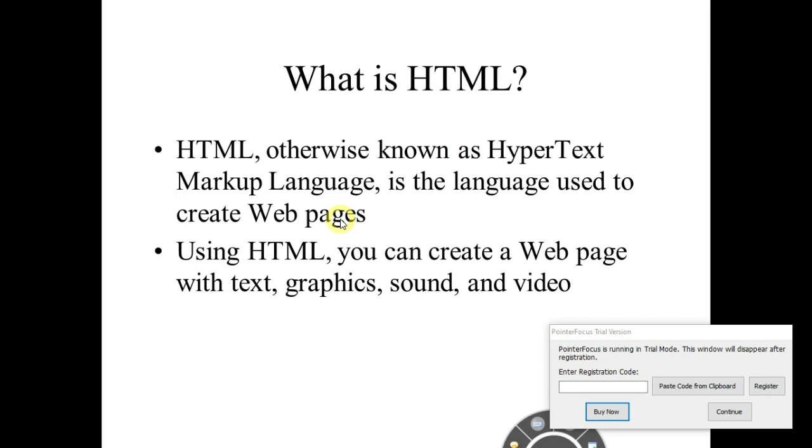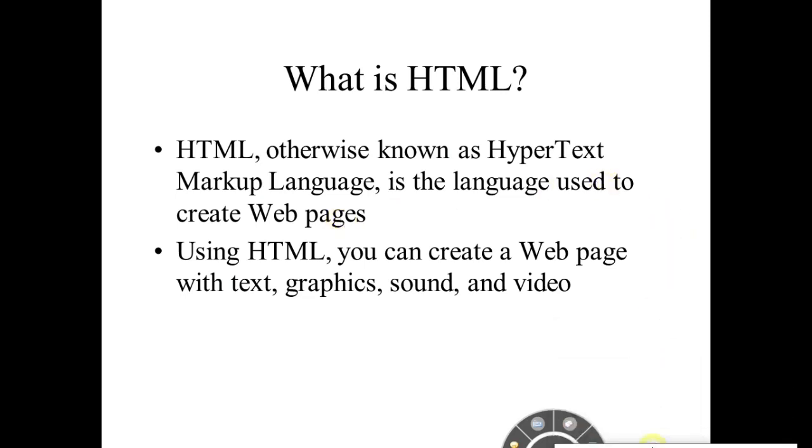How to create websites? Do you know? Yes, for that we have to write a program. Using HTML programming or ASP.NET or Java programming, we can create web pages. We have to write a program, design a website, and publish it on the internet.